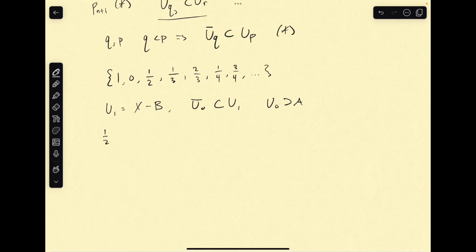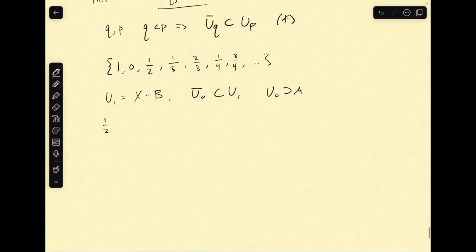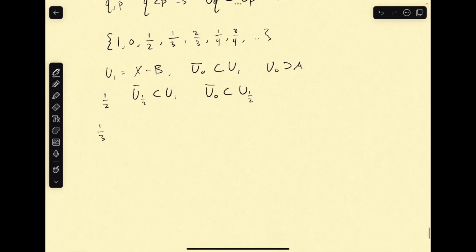Now r is directly in between 0 and 1. So 0 and 1 are its immediate predecessor and successor in our current set. So then we want to define U of 1/2 such that its closure is contained in U of 1, and such that the closure of U0 is contained in U of 1/2. And then when 1/3 comes in, it's in between 0 and 1/2, and we just continue this process. So this is how we define our collection of open sets here.